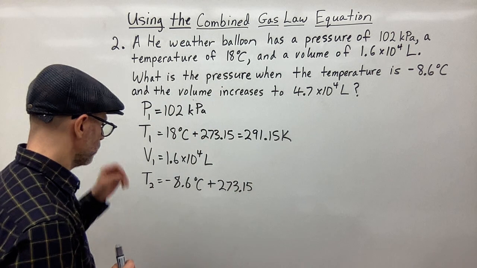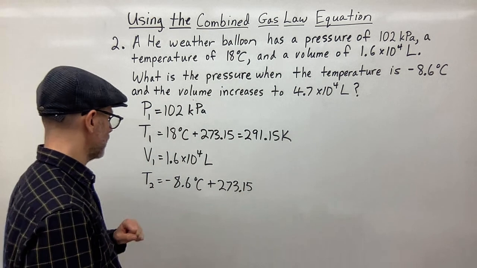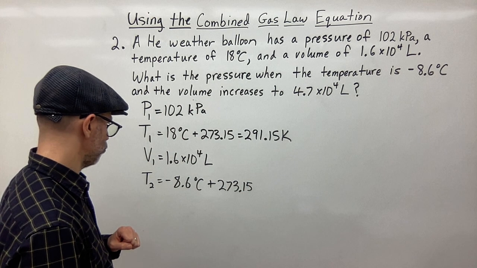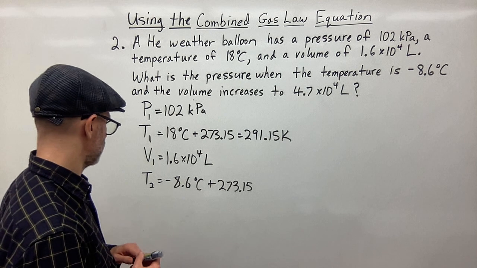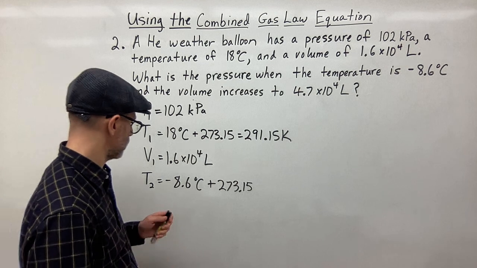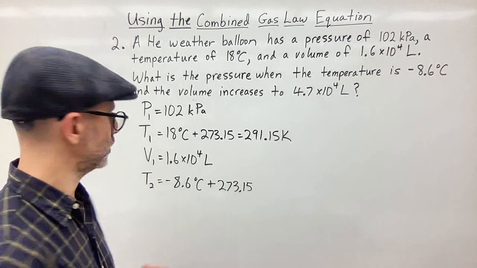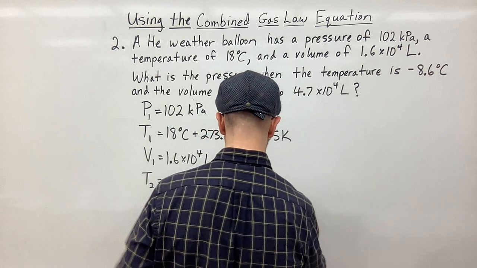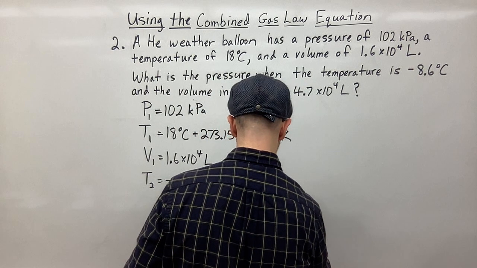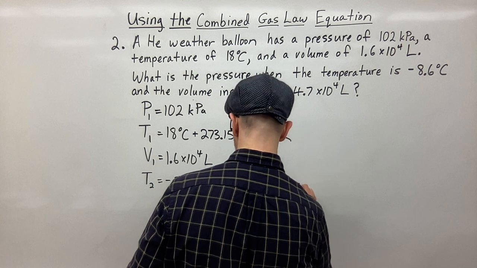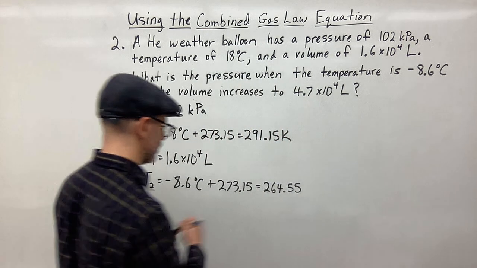So we subtract this from this, and we get 264 point something. Let me calculate that really quick. That's 264.55, so T2 is equal to 264.55 Kelvin.